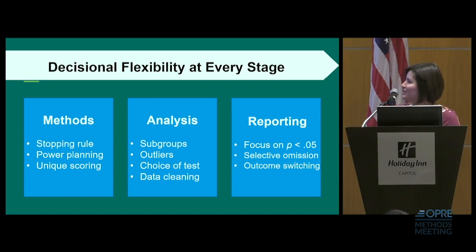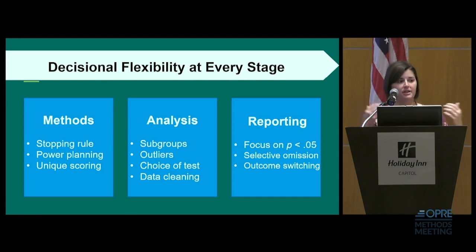Also, in terms of the methods, we have unique scoring. So if you are creating a variable out of your data, say by combining multiple questions together to form a total, or you are scraping data from different sources and then combining that to form some kind of data in your analysis, you know that there's a lot of different choices about how you can do those combination processes.